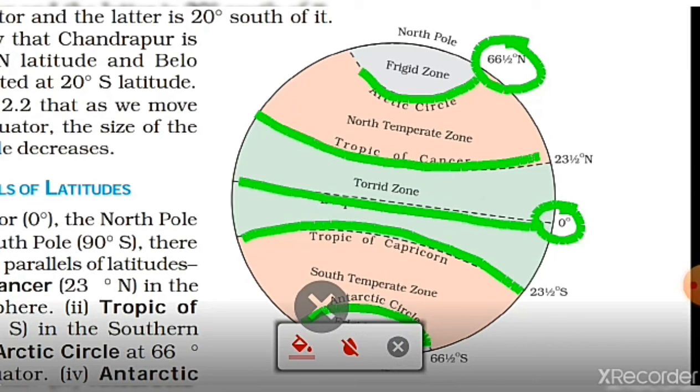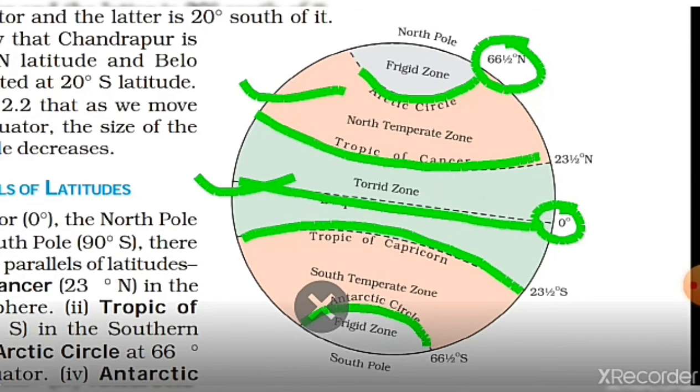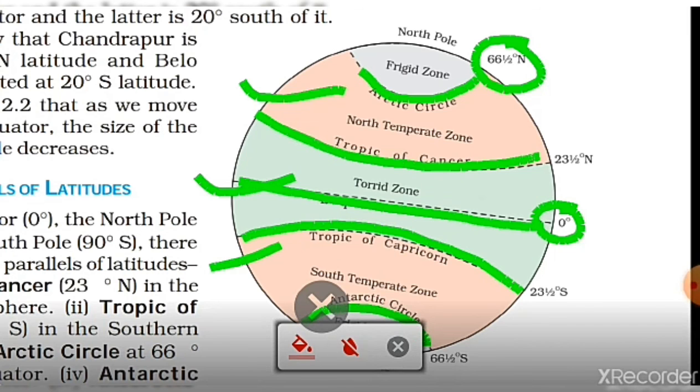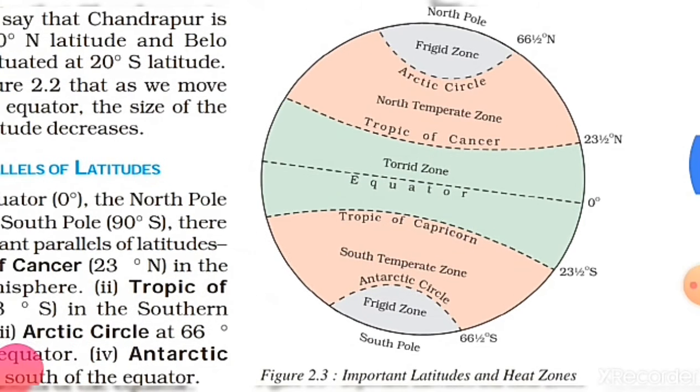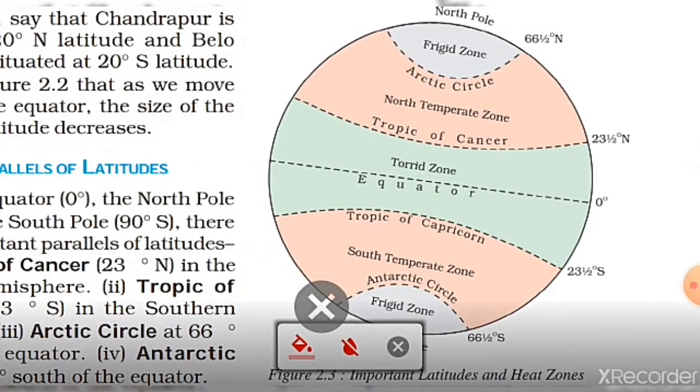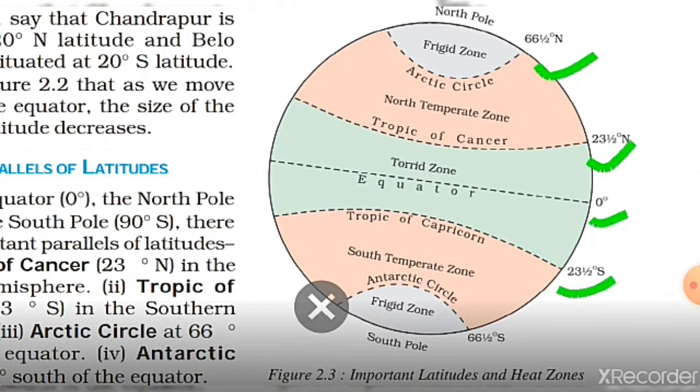These are the four things that are represented on the globe, and you will have to understand all of them. You have to draw this figure in your fair notebook, and you have to learn all these degrees.